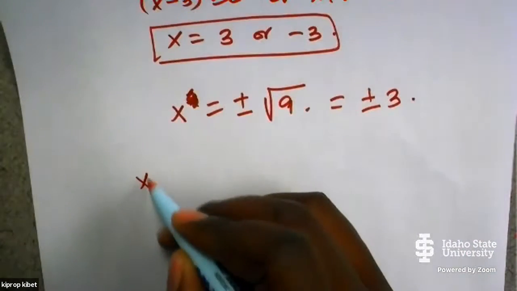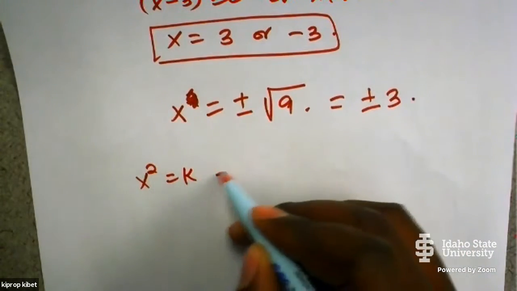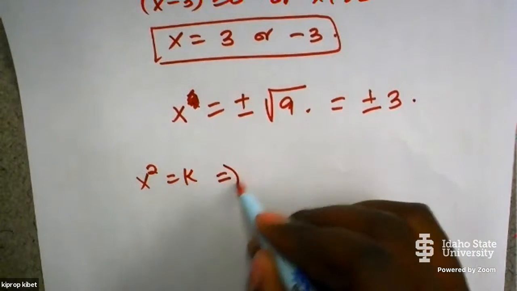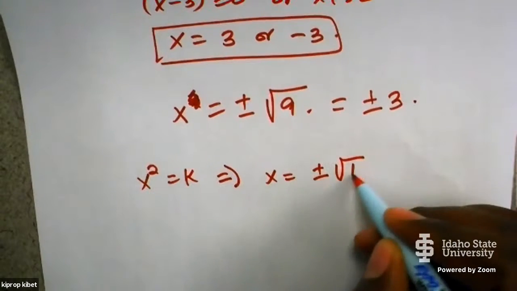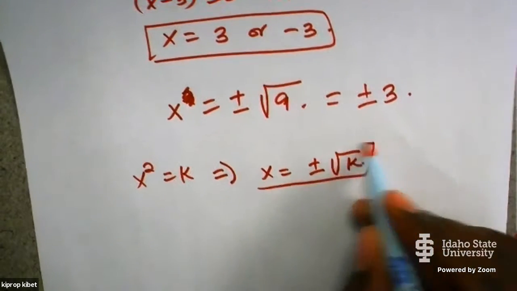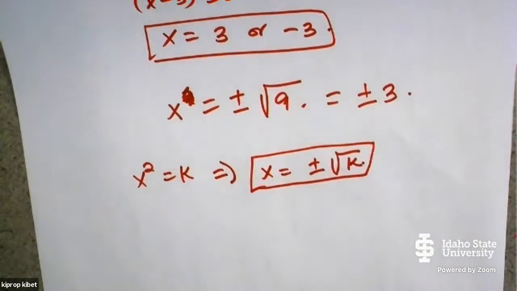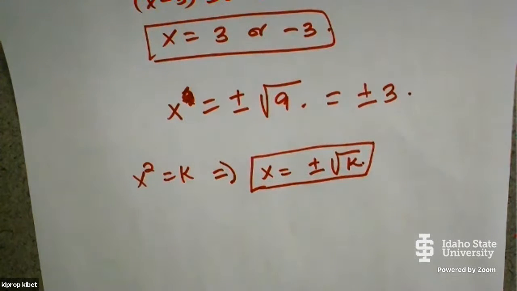So therefore, x squared equals k is similar to x equals plus or minus the square root of k.